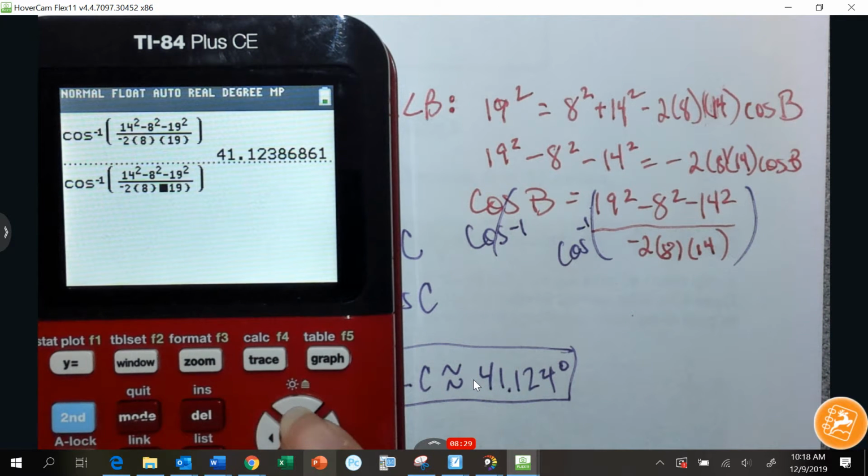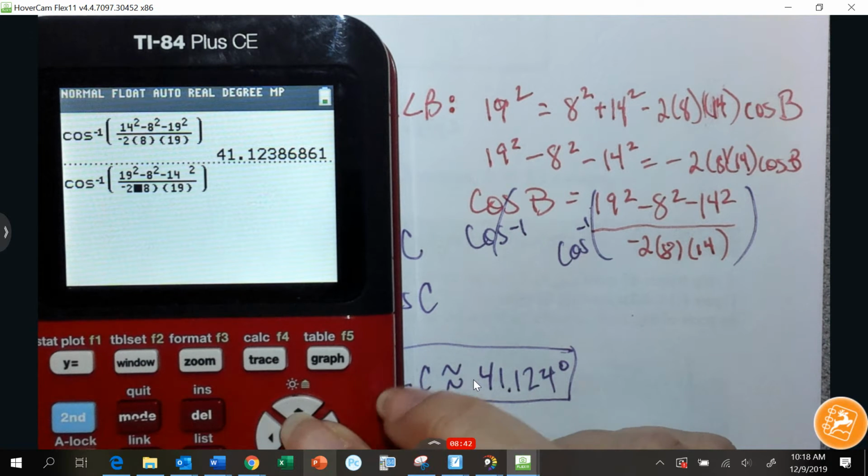It looks like all I have to do is change my 14 to a 19 and my 19 to a 14, since I just copied the same equation.